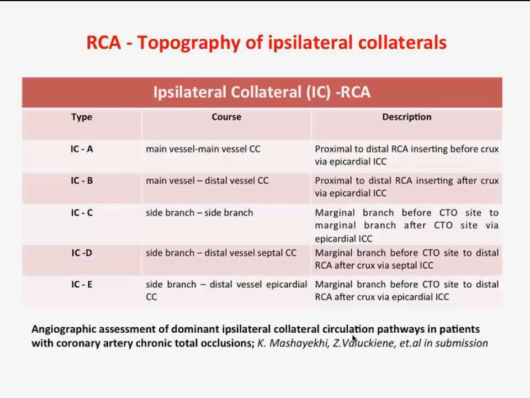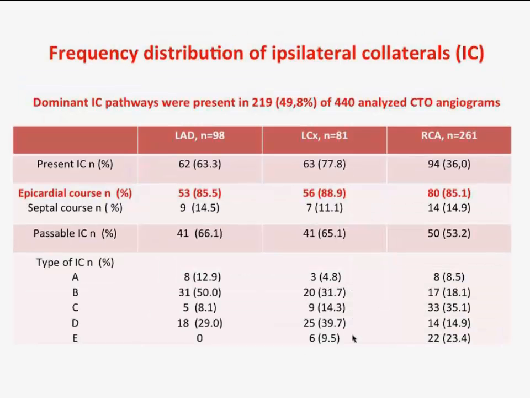Absolutely. Okay, all right, and these are also the types that we described. What we did also, we analyzed 440 angiograms, and we found ipsilateral collateral pathways in about 50%. What you can see here is that in the LAD we have presented them in about 60%, but in the circ we have it in nearly 80%.